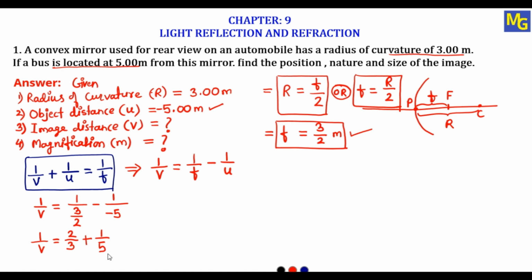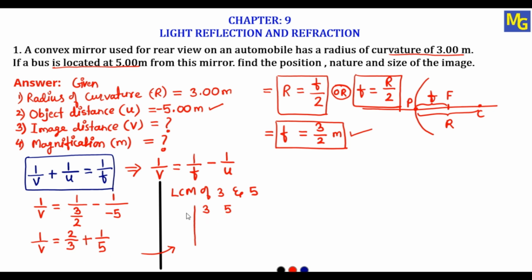Now what we have to do? We have to take the LCM of this 3 and 5. That we will do here on the other side. So now I will write LCM of 3 and 5. Write both the numbers which are there on the denominator, and divide by the lowest prime number.